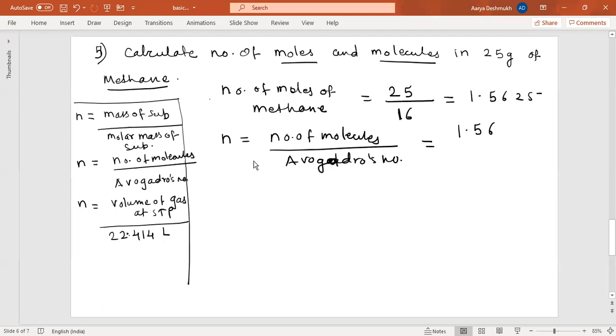Avogadro's number is 6.022 into 10 raised to 23. So we just have to rearrange this equation, that is, number of molecules equal to N into Avogadro's number.